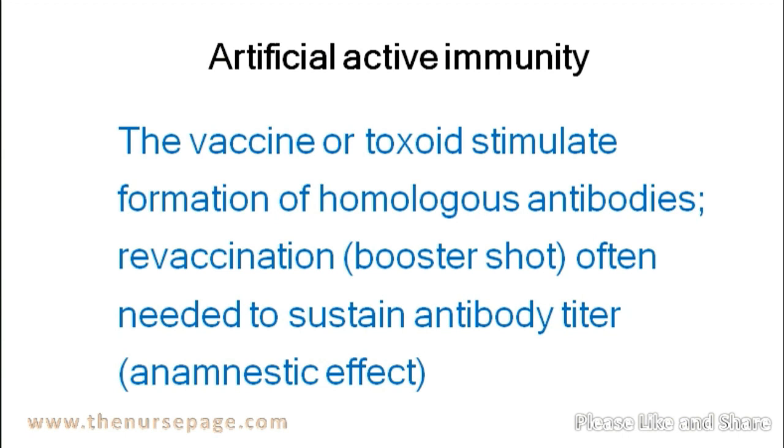So the antigens are injected or given through vaccines. It is called artificial. So that is artificial active immunity. Example is vaccination, with live attenuated vaccine or its toxoid.